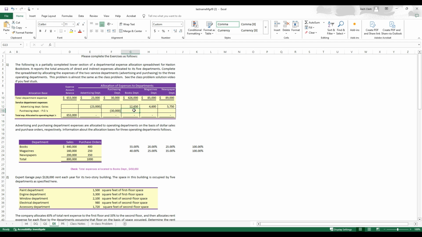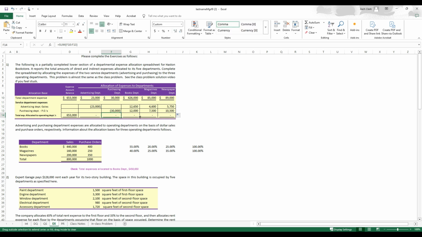Then we can do something similar down here. I'll just drag this down, but then move this cell and then drag that across. I think that should work. You can see all three of those add up to 30,000. So we're just allocating this out into the individual departments, right?